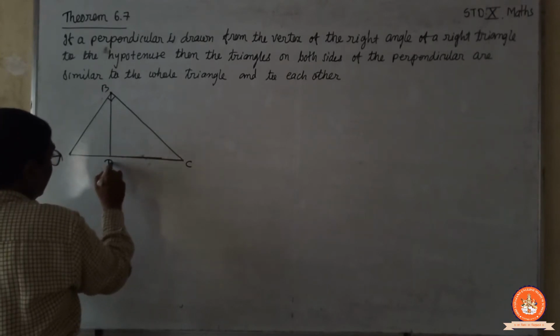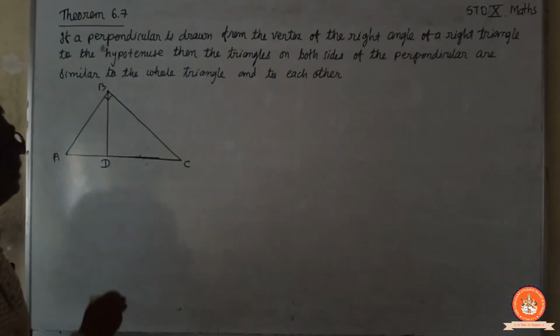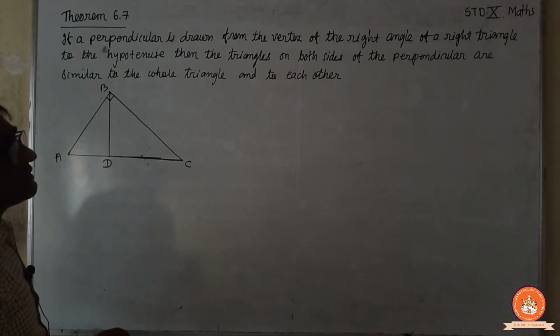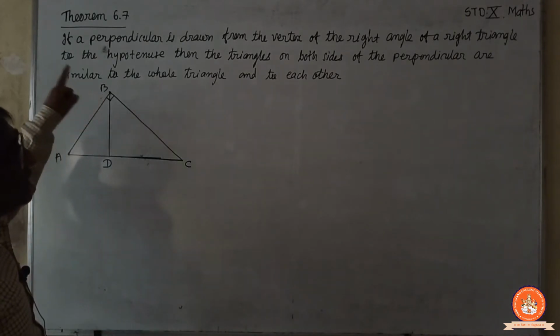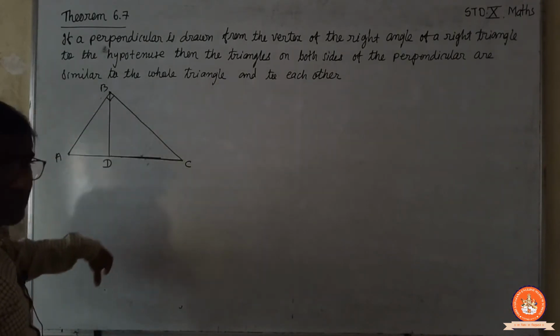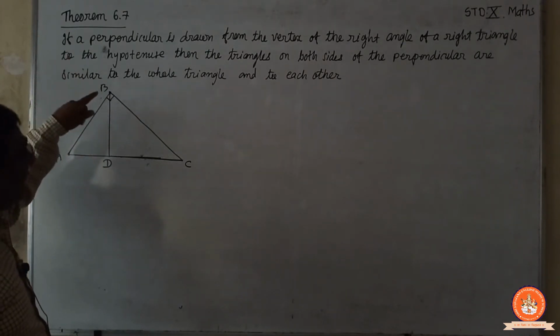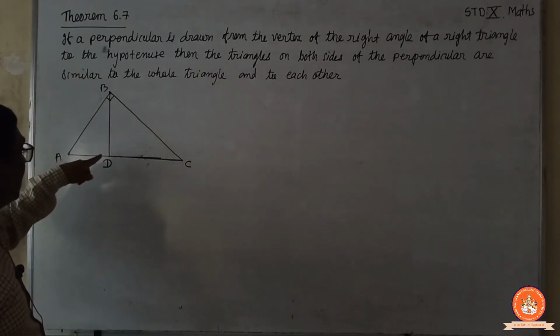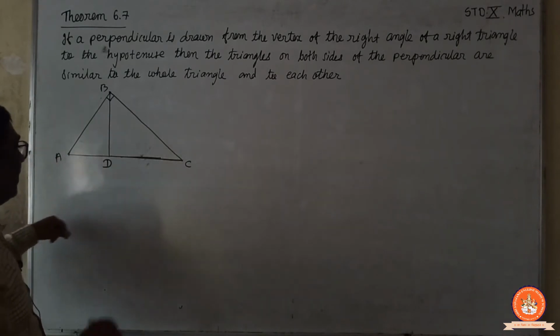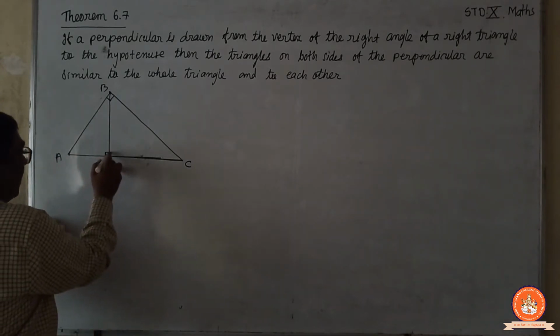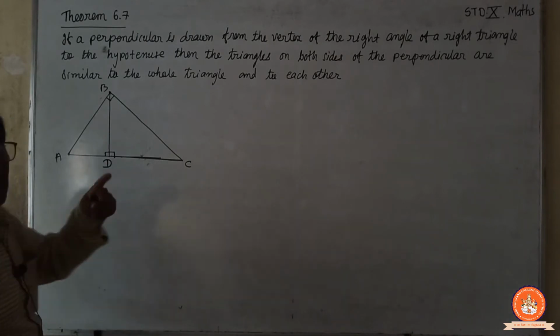BD. So a perpendicular is drawn from the vertex of the right angle of a right triangle to the hypotenuse; we get two triangles.